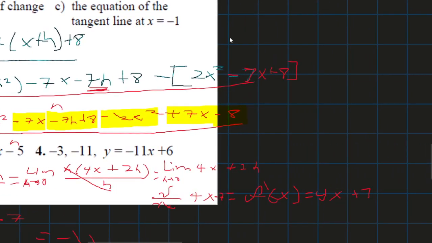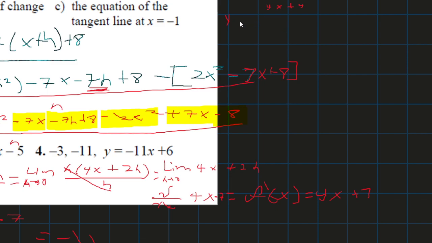Yeah, it is. So it would have been 11 equals 4x plus 1. And this would have been 4x plus 5.